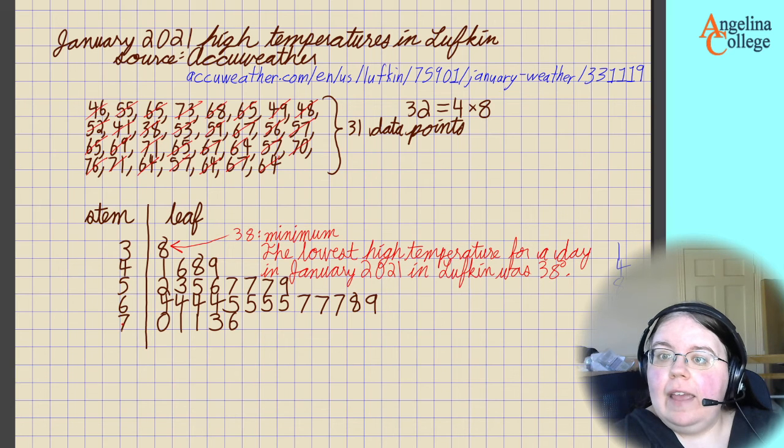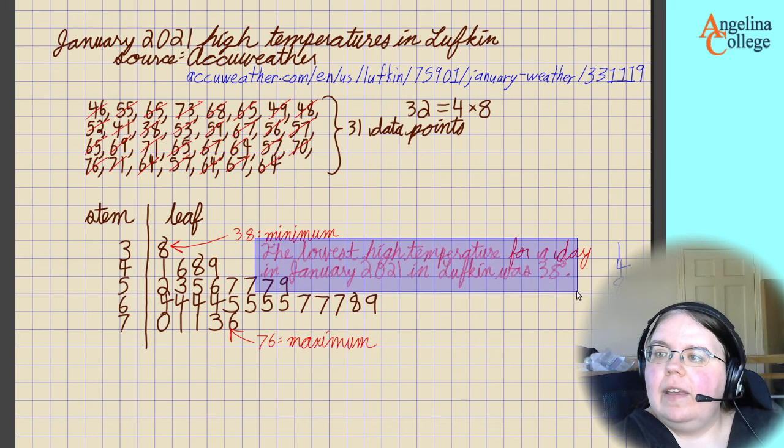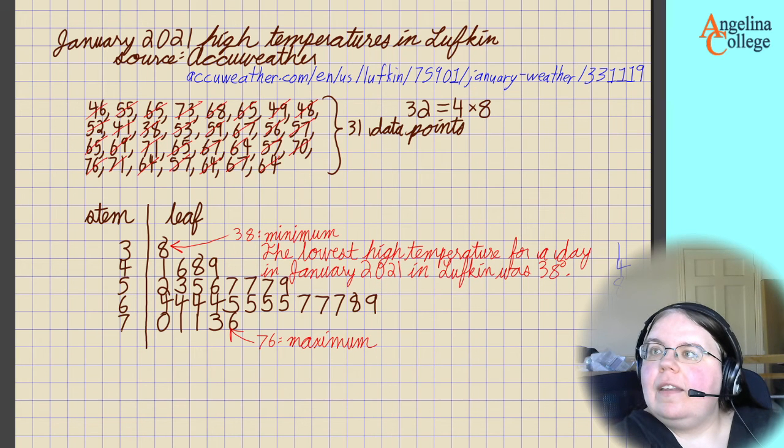Now I can also see the maximum now that I've got these in order, because I can just go to the highest stem and pick the highest leaf from the highest stem. So we're in the 70s with a ones place of 6, so 76 would be our maximum. As a contextual sentence, I'm just going to copy the one I did before and change the words. Oh, I see that didn't go around.